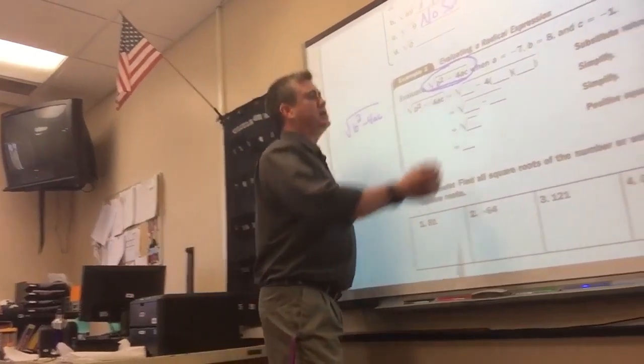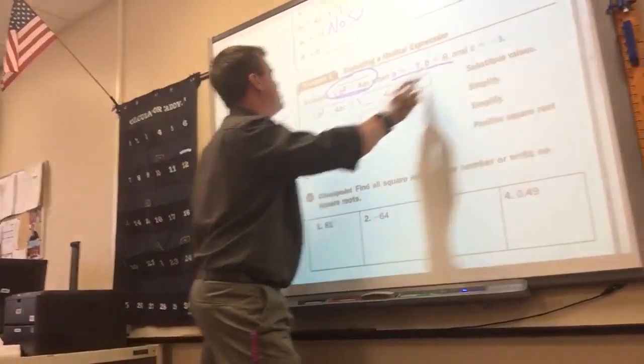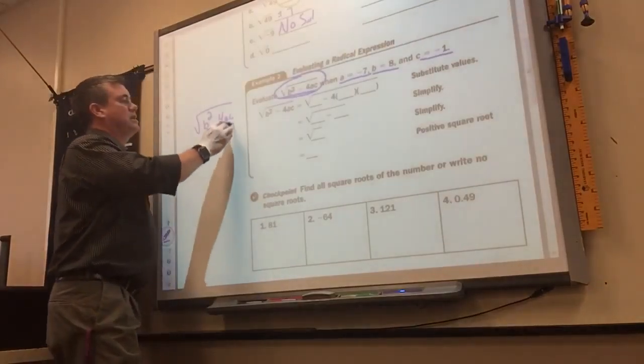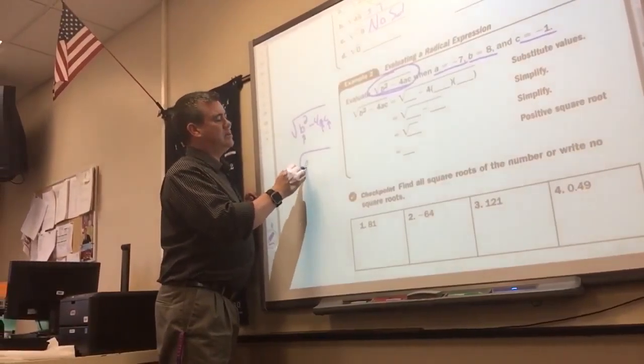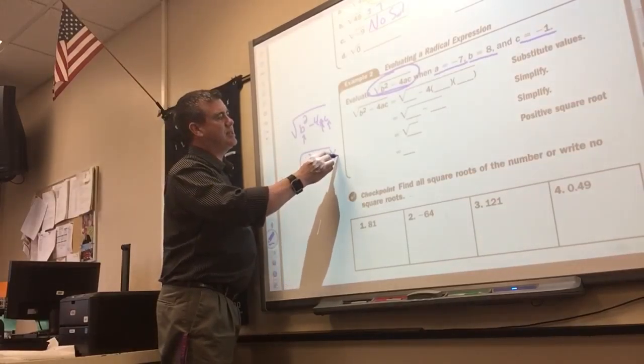So, they tell us that a is negative 7, so that goes there. B is 8, so that goes there. C is negative 1, so that goes there. So it would be 8 squared minus 4 times A times C.